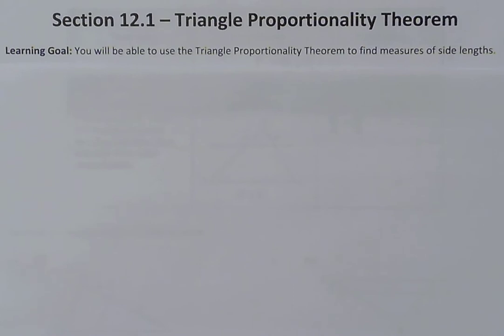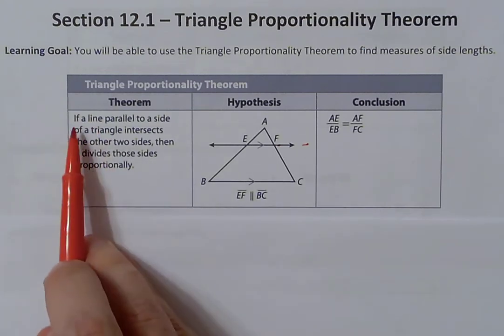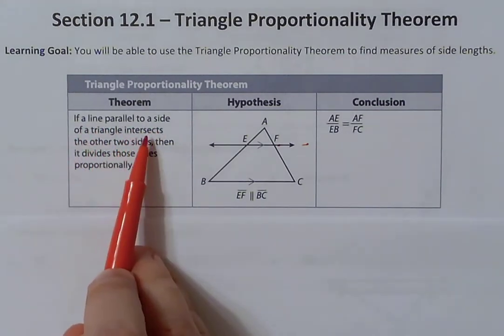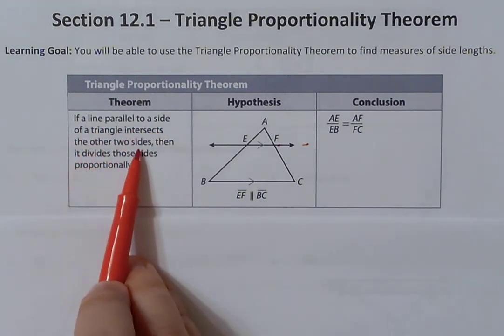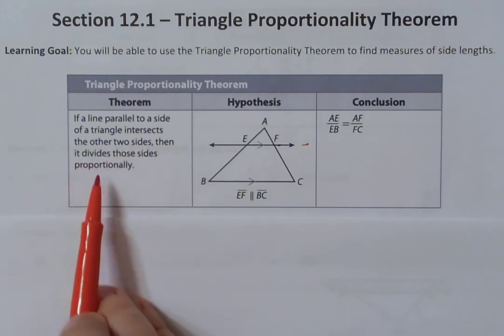Now, I've mentioned the Triangle Proportionality Theorem, so let's talk about what it is. The Triangle Proportionality Theorem states that if a line parallel to a side of a triangle intersects the other two sides, then it divides those sides proportionally.